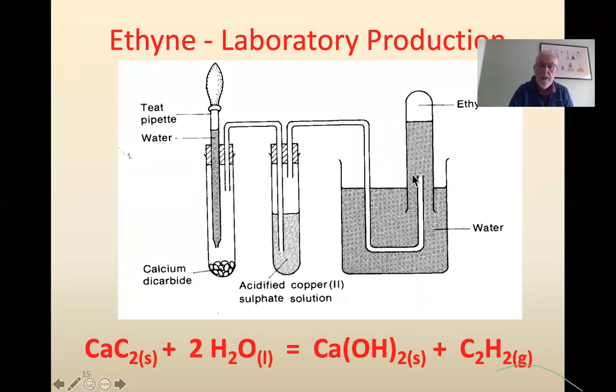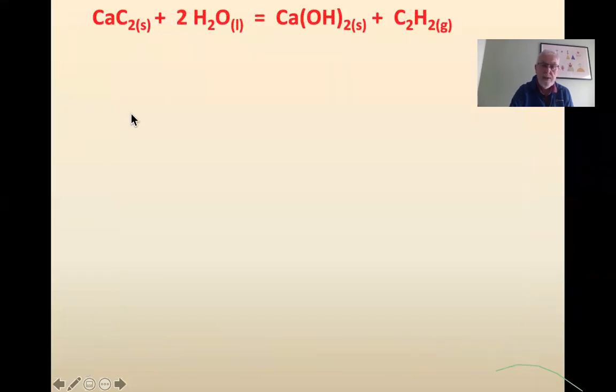Right, so ethyne, we can collect it over water. Why can we do that? It is non-polar. Water is polar. That's why we can collect it over water. So, right, there's the equation again. Calcium carbide or calcium dicarbide plus water equals calcium hydroxide and ethyne.